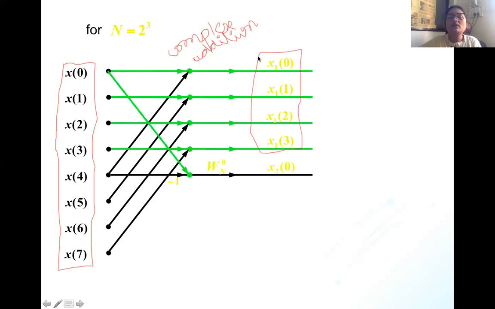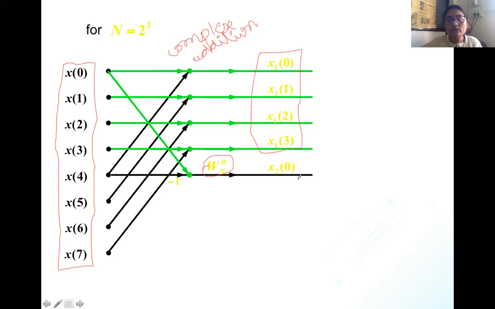Next are the odd point DFTs. For the odd points you can clearly observe that two points have been subtracted and then multiplied by the twiddle factor, and the output is calculated. For the first point, x of 0 minus x of 4, after subtraction, gets multiplied by the twiddle factor W raised to 0 suffix 8.